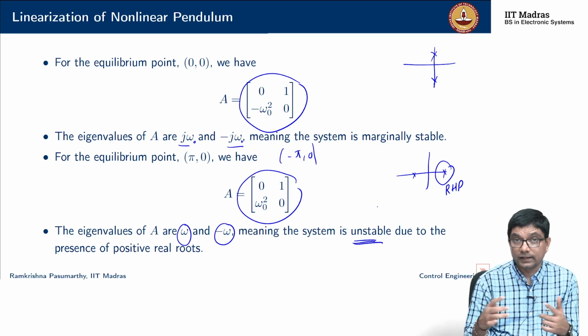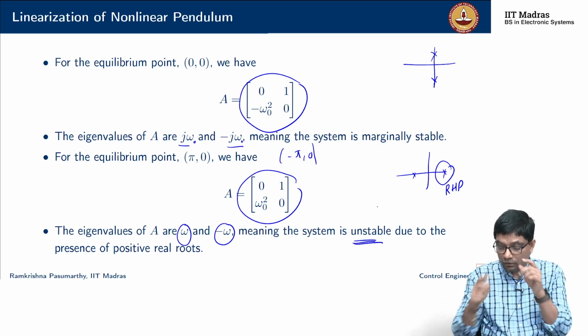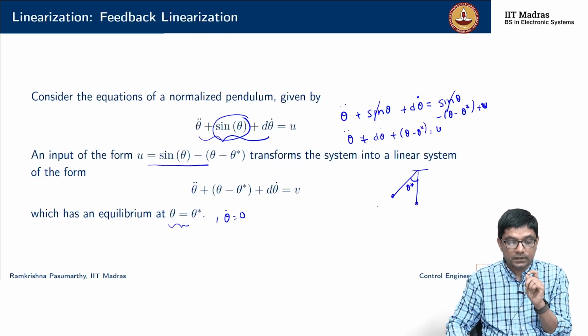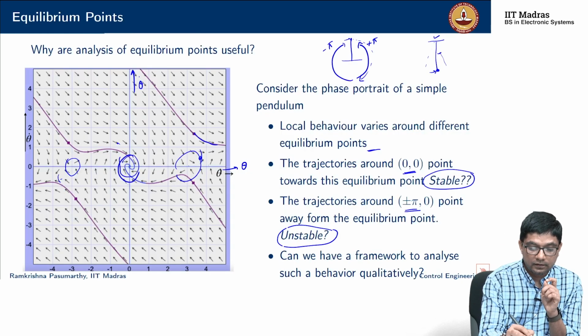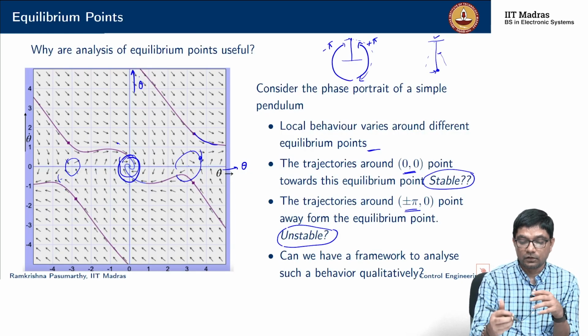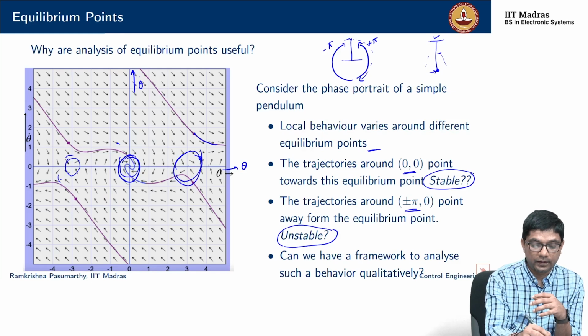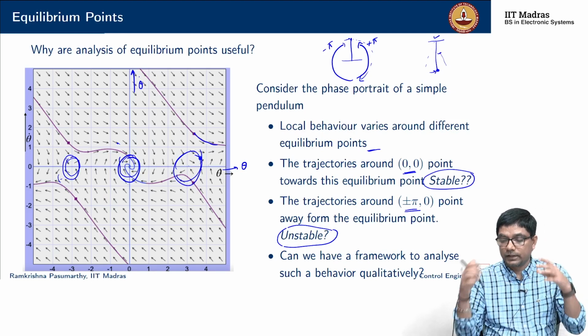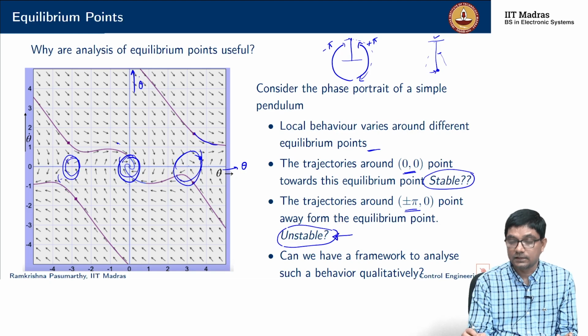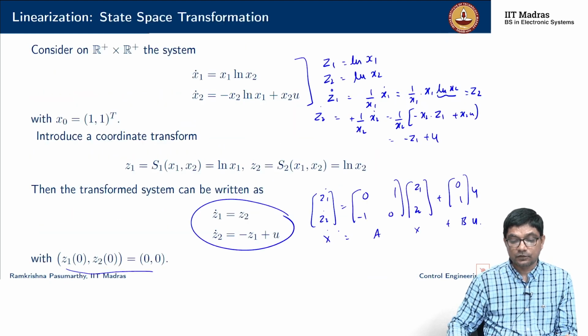Now we can look at the phase plot. Around 0, 0, all the trajectories which were starting around 0, 0 were coming back to the point 0, 0. All the trajectories around plus minus pi, 0 were going away from the equilibrium, and this we called therefore unstable. Now this is the analysis of that.